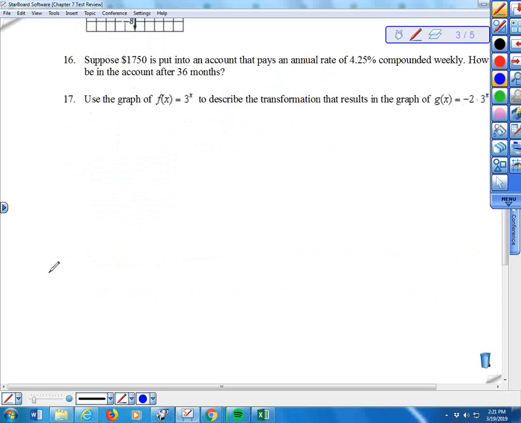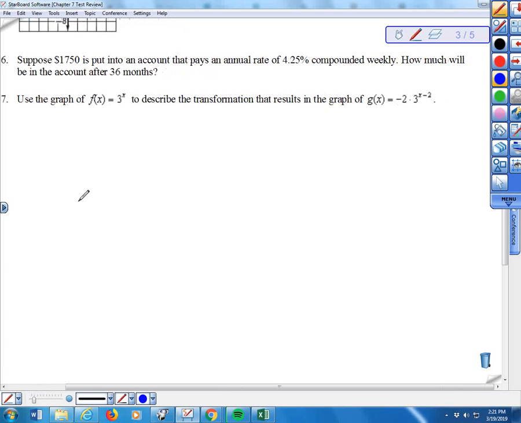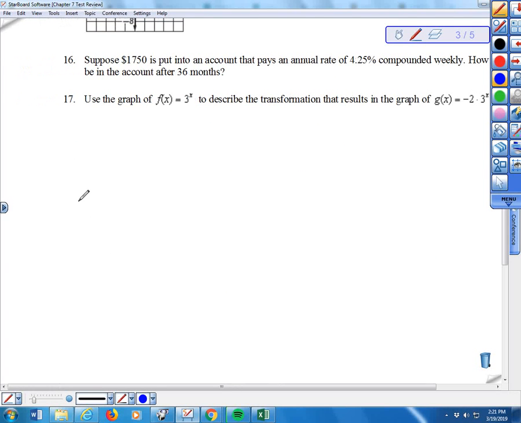Suppose 1,750 is put into an account that pays an annual rate of 4.25% compounded weekly. How much is in the account after 36 months? So you need to know A is A sub 0 times 1 plus the rate over n, raised to the nt, where n is how many times it compounds in a year.